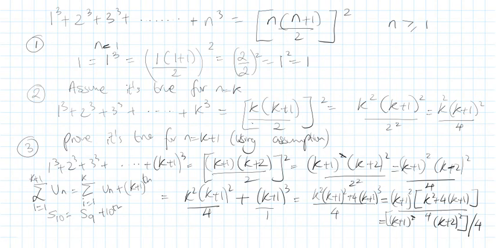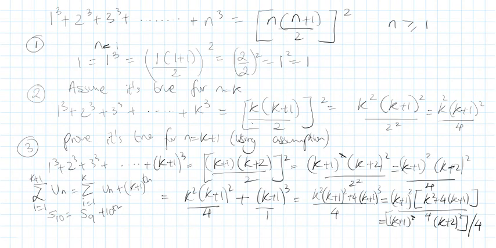So we got this result using the assumption, because we used the logic that the sum from the first term up to the k plus 1th term is the sum from the first term up to the kth term plus the k plus 1th term. We had to use the assumption because the sum from the first term up to the kth term is stage 2.